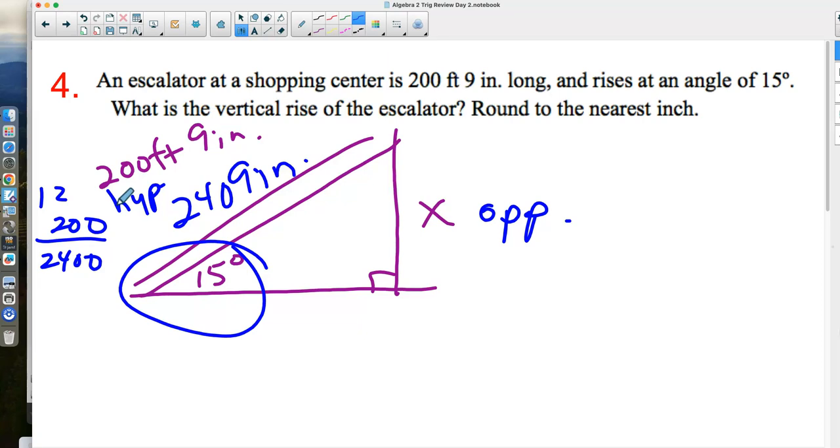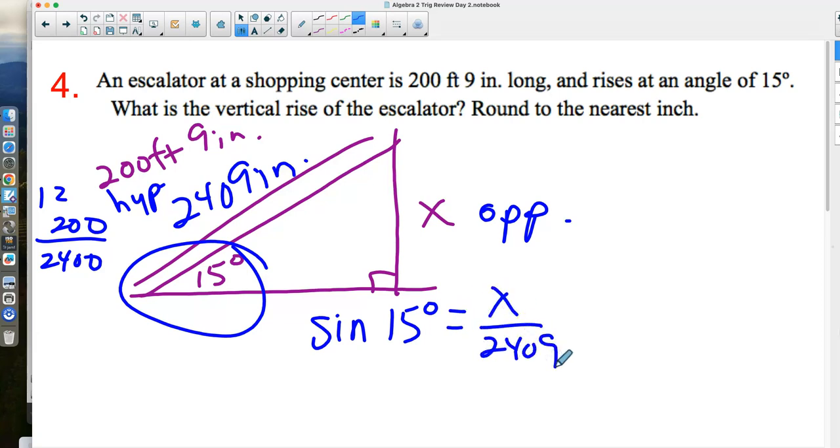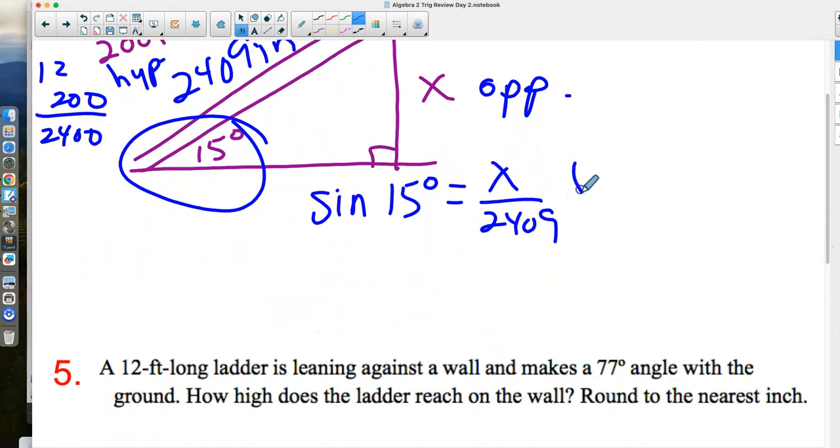SOHCAHTOA. Which one? Sine. Sine of 15 degrees equals opposite over hypotenuse. Did you solve it? Please do that.